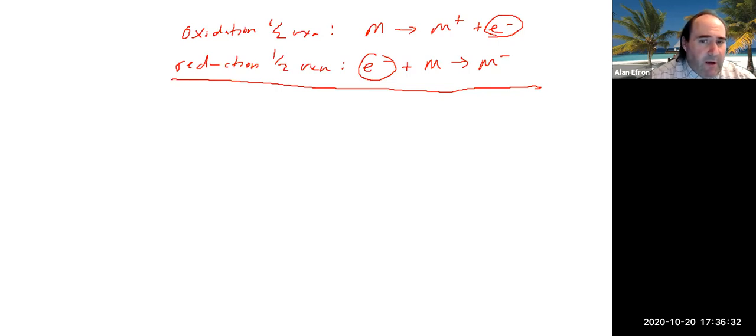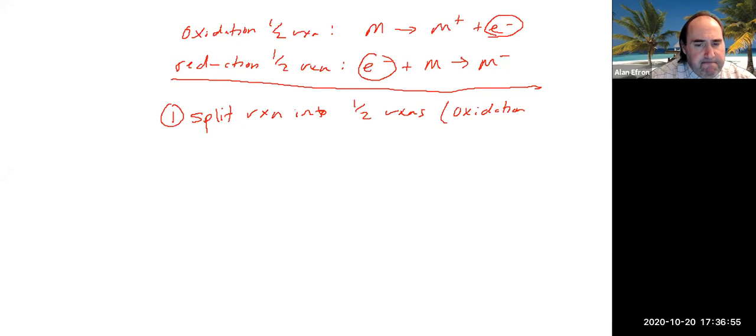But when we balance more complicated redox reactions, there's several steps that we want to follow. We want to first split the reaction into its half reactions. So you should end up with reactions like what we have above here: an oxidation half reaction and a reduction half reaction.